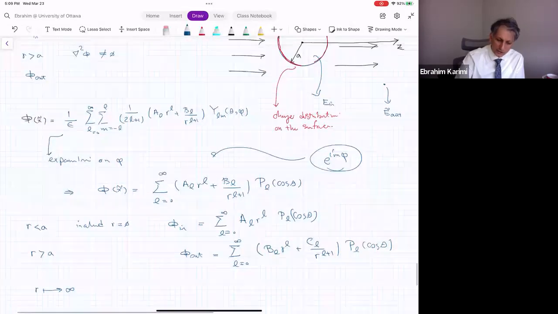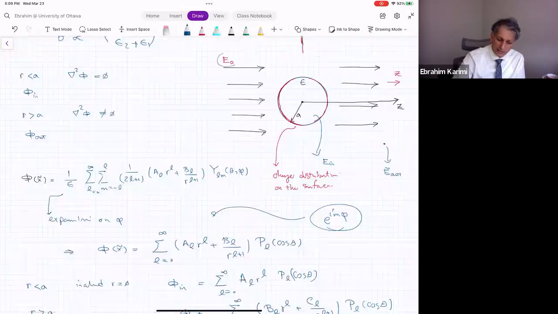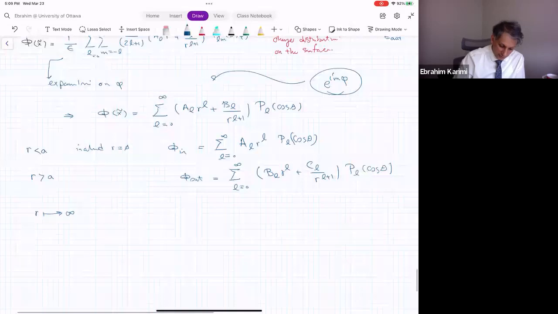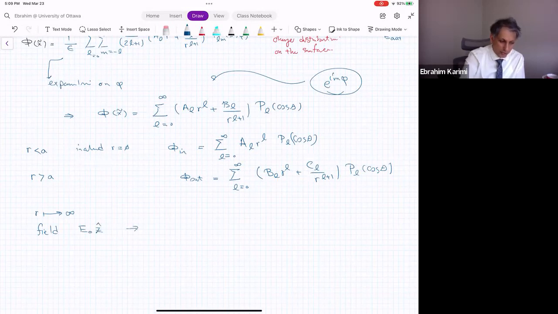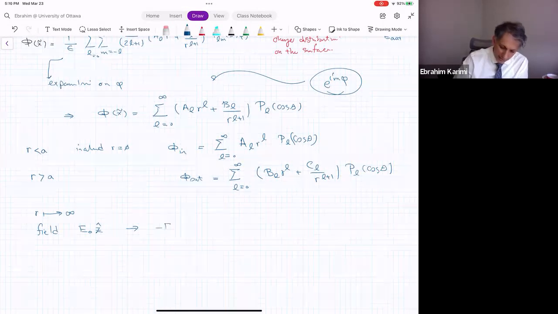I say that the field is uniform, E0 along the z direction. What is the potential associated with this field? Minus E0 z.